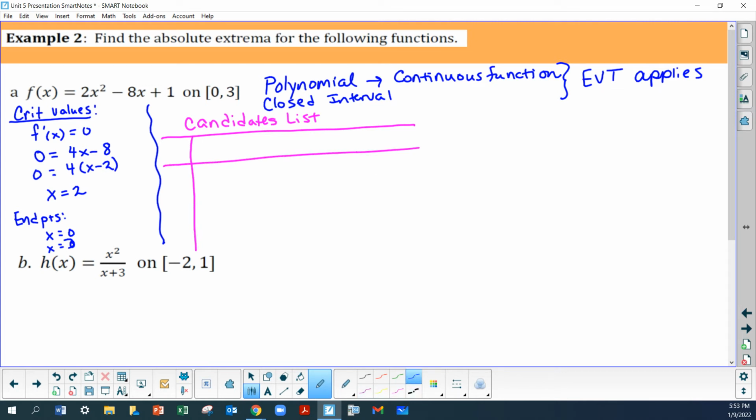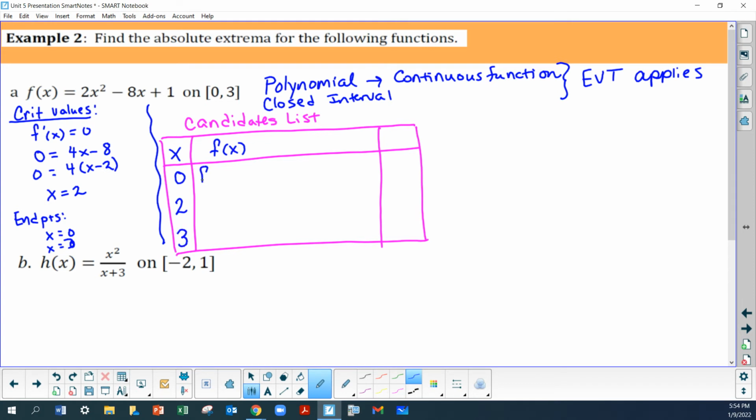In my table, I'm going to list my x value, and then calculate what f of x is, and then identify whether that's a max or a min. We just have 3 points. So the points I'm interested in: 0, the endpoint, 2, the critical point, and 3, the endpoint.